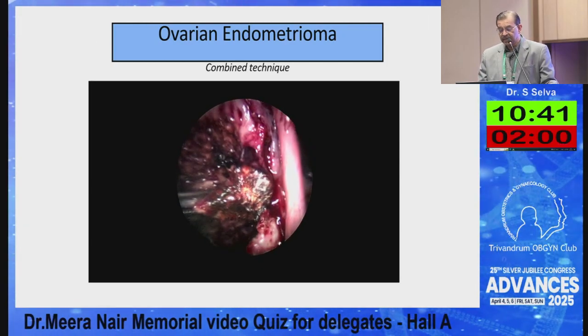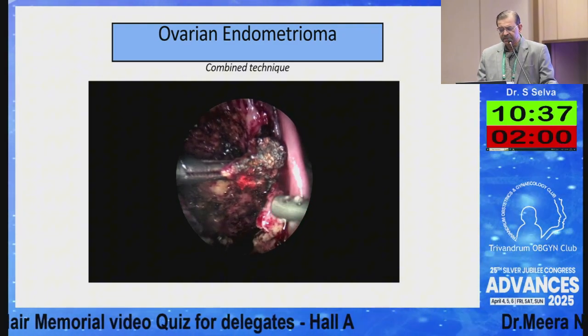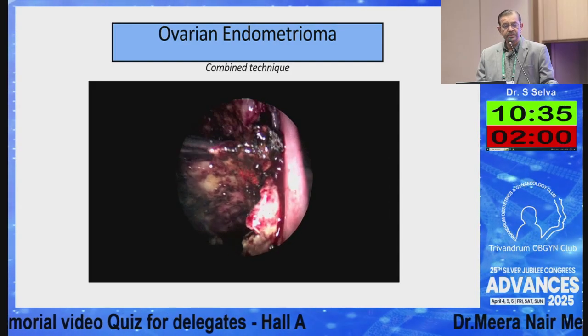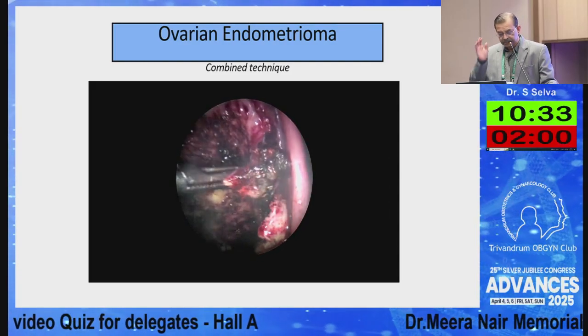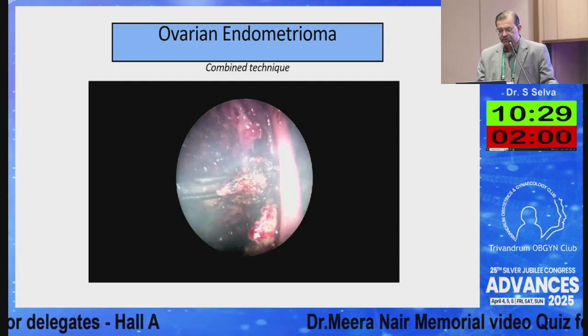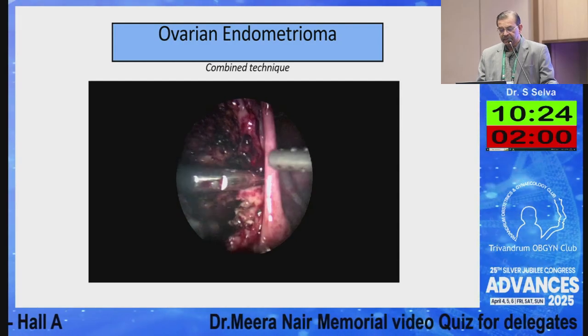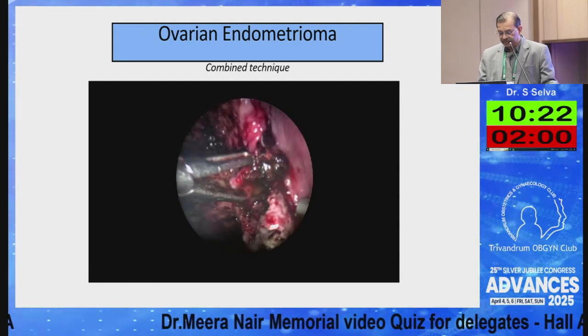Here I'm using a carbon dioxide laser. This was a trend about 15, 20 years ago when he first published his paper. So this is a combined technique. We ablate the area that is near the hilum so that you don't tear that area.